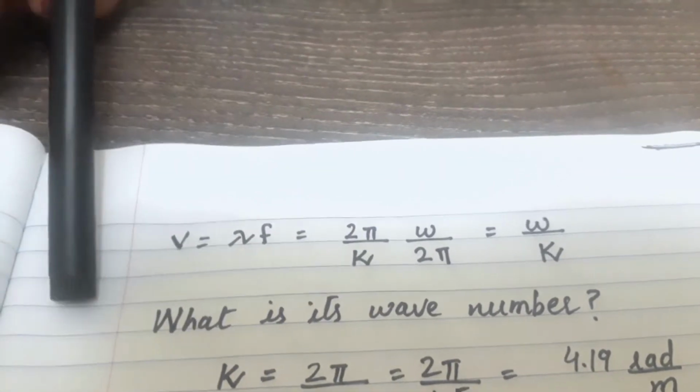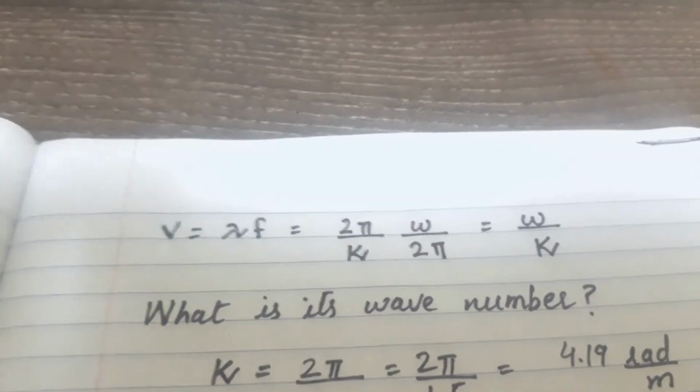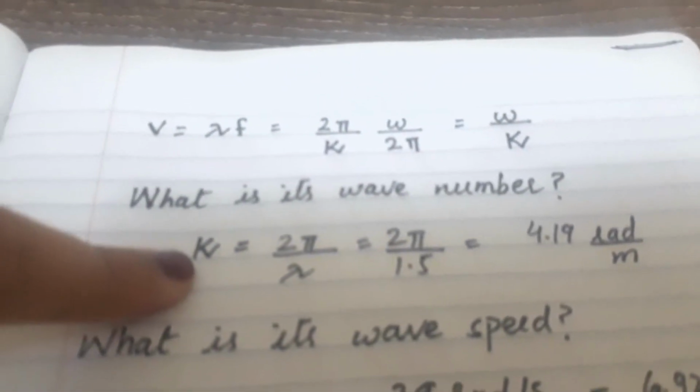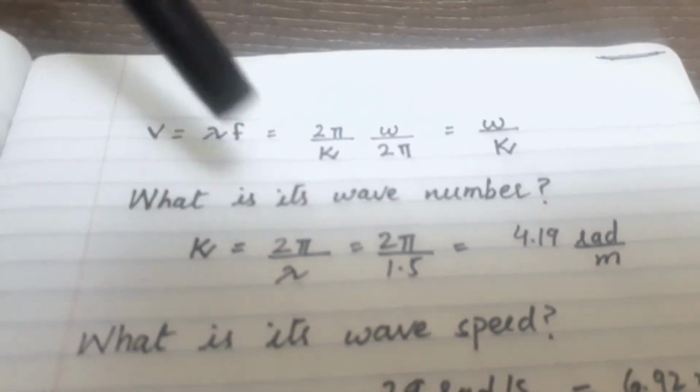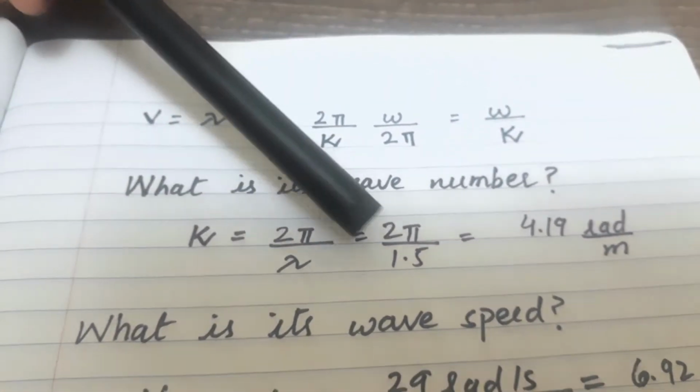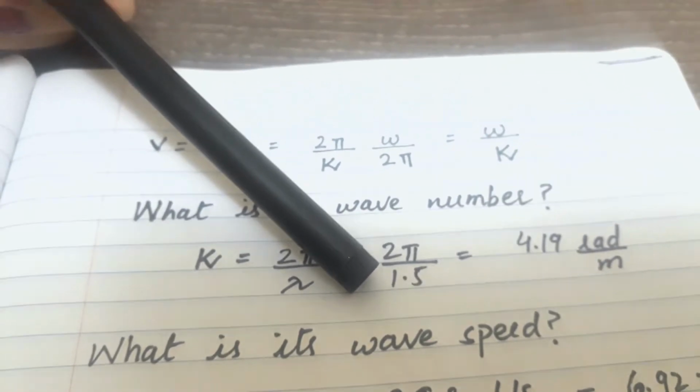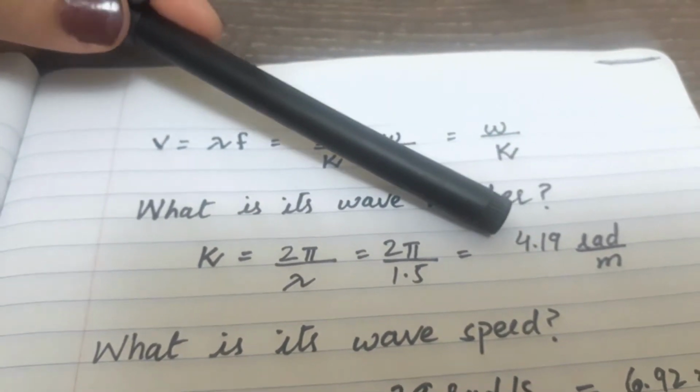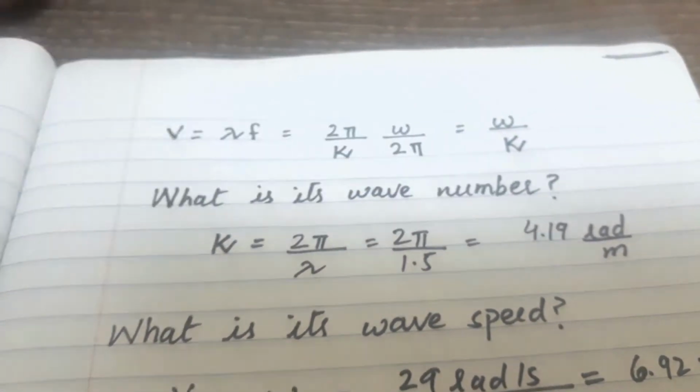And now I'm going to find what is my wave number. So I already know the formula, and it's just a matter of plugging in the values. So 2 pi divided by my wavelength, which was 1.5, and I get 4.19 radians per meter.